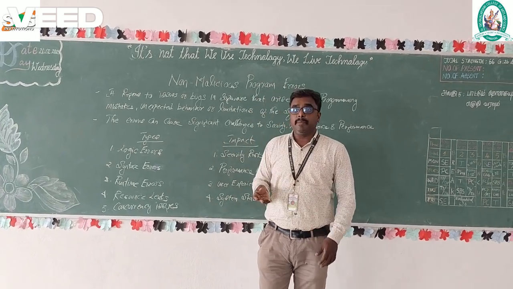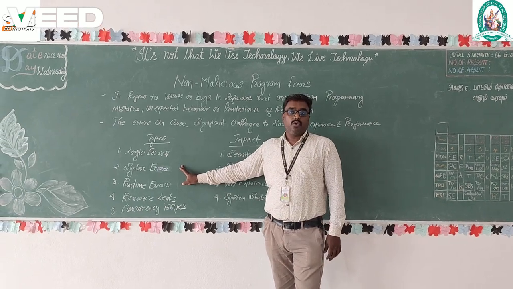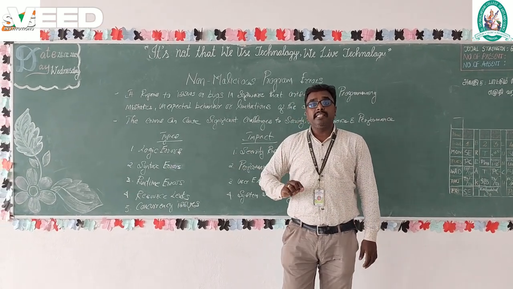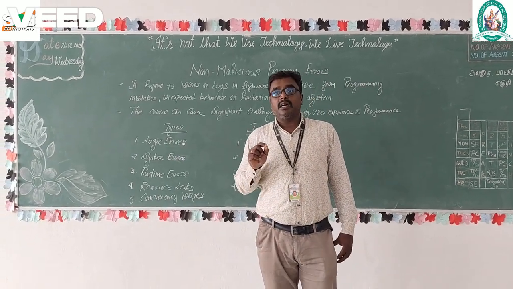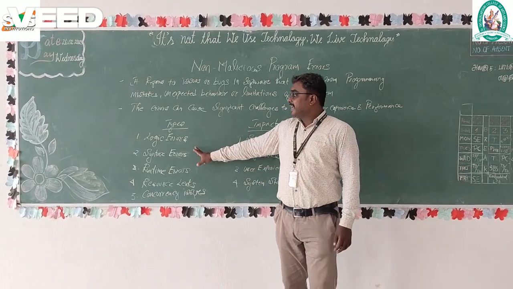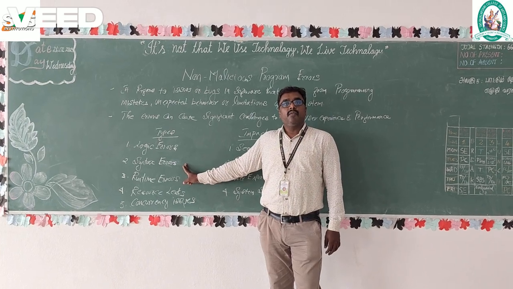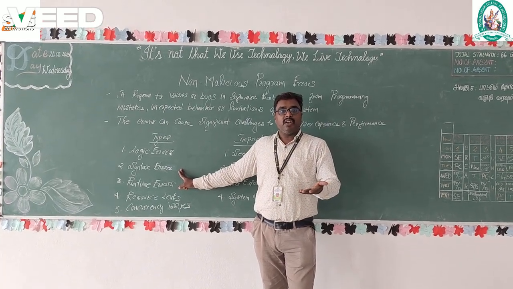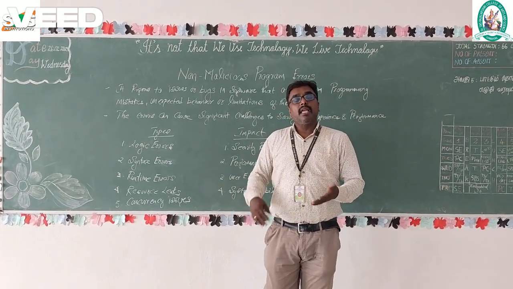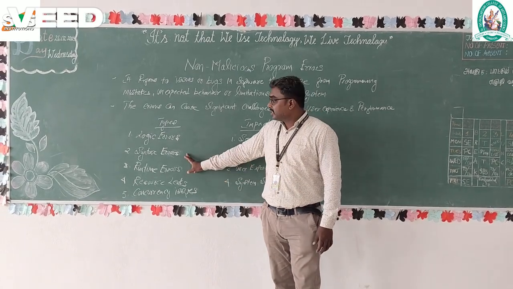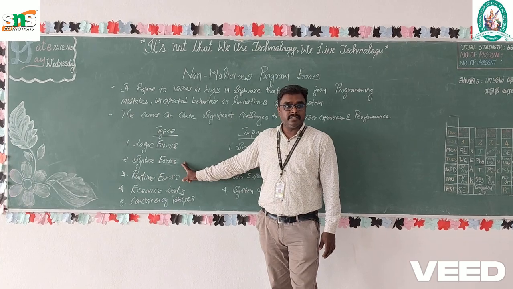If you miss the semicolon, it will be an error. If you are not following the proper syntactic rules, you may get syntax errors, which we can find at compilation time and correct. These types of errors are called syntax errors.